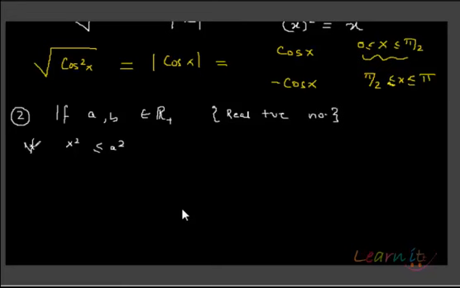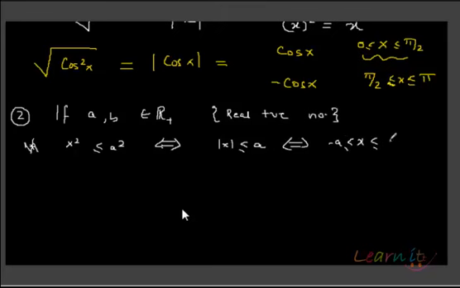When x square is less than or equal to a square, that would imply I can take square roots on both sides, right? So modulus x will be less than or equal to a. Simply a, because a is a positive number, so I don't need to make it positive by taking modulus.